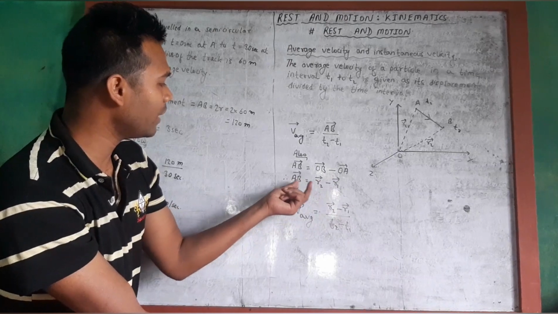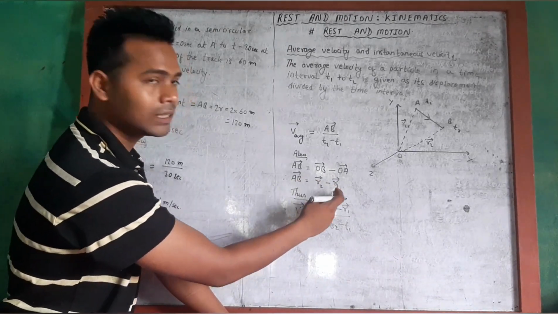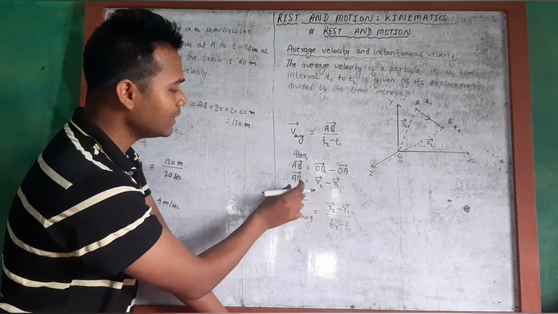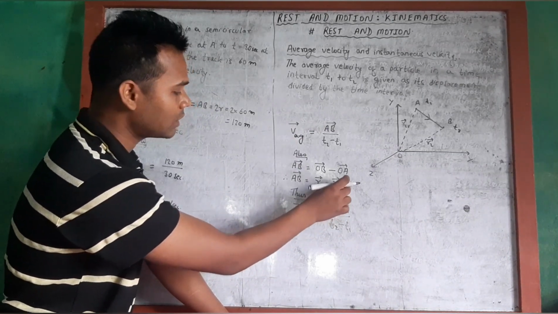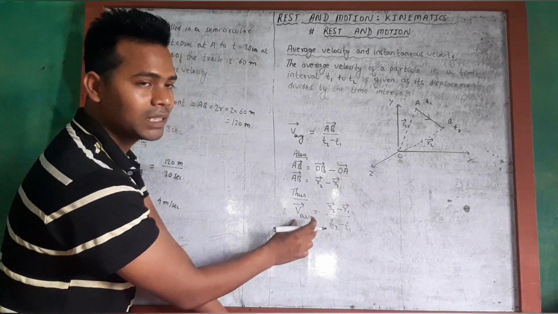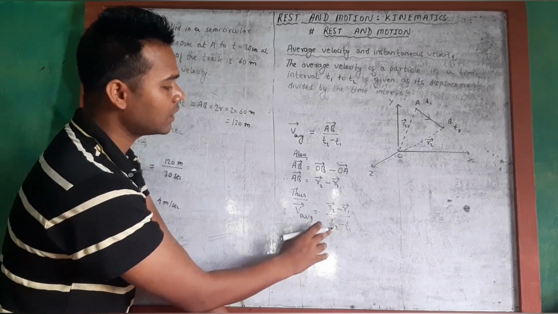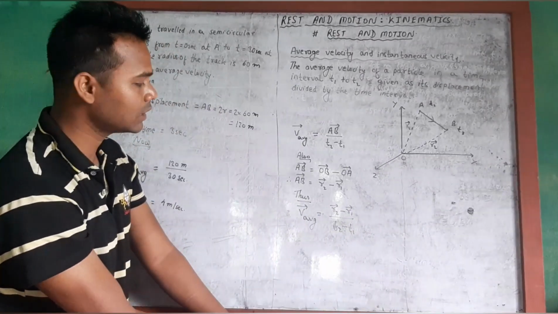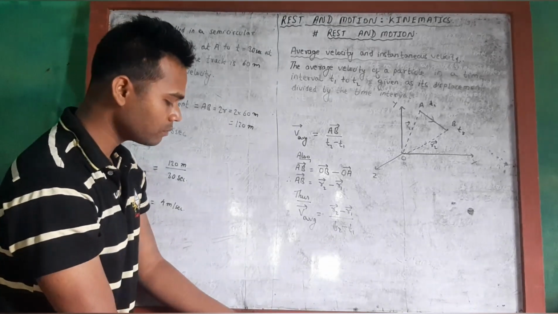That's why the AB vector is the final position vector minus the initial position vector. That is, displacement is the final position vector minus the initial position vector. Hence the average velocity is obtained as R2 vector minus R1 vector divided by t2 minus t1. That is total displacement divided by the time interval.